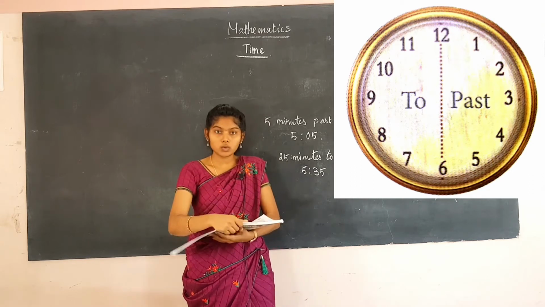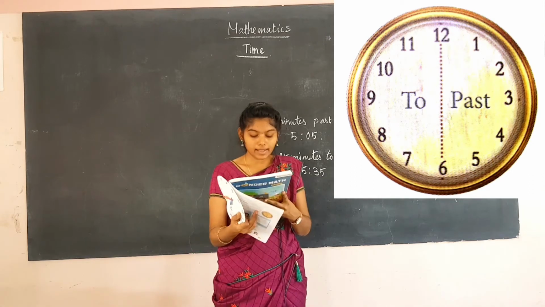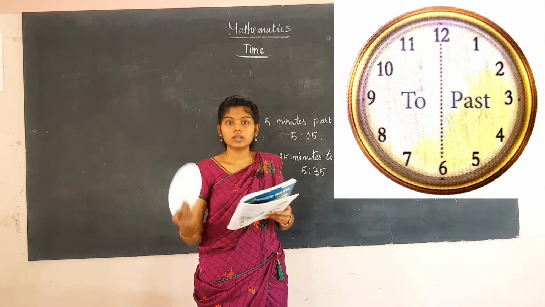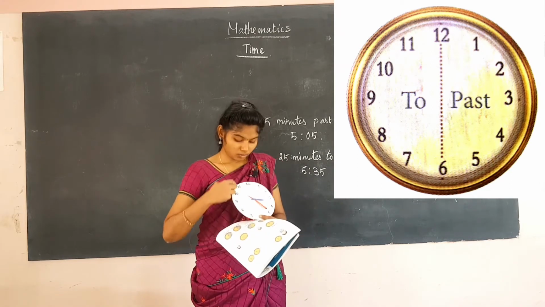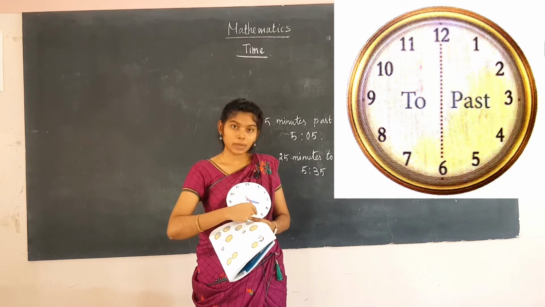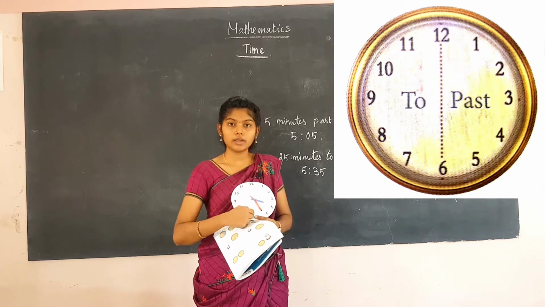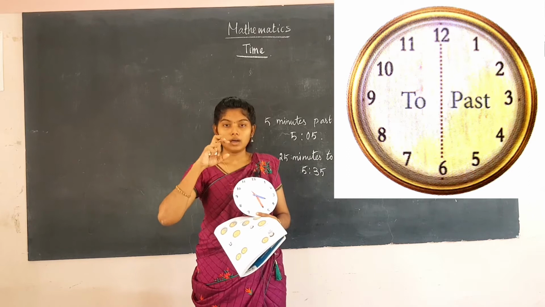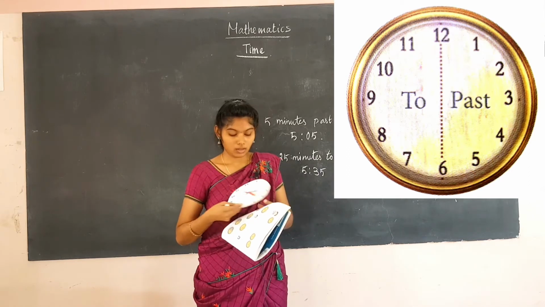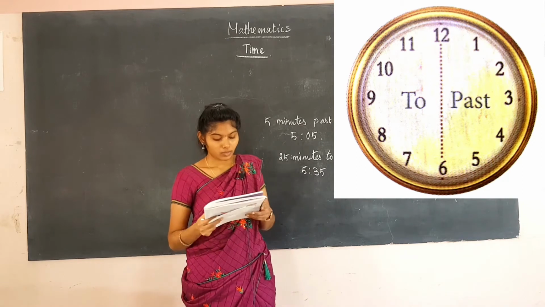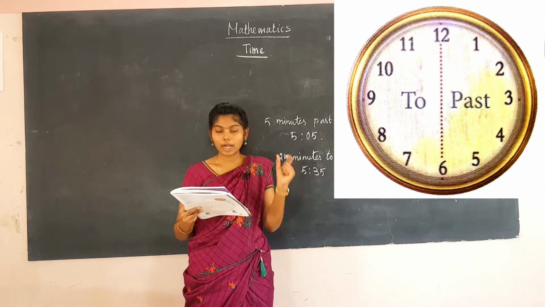So there you use past the hour. On the left you write to. The right means past, the left means to. Up to this point you write past. From here to here you write to, and you subtract the number of minutes from 30 and write that number. So that is given here. See here, a clock face can be divided into two halves.